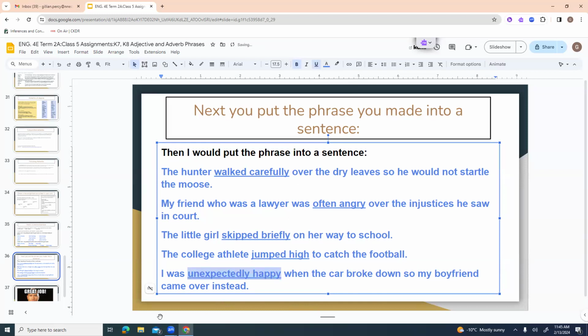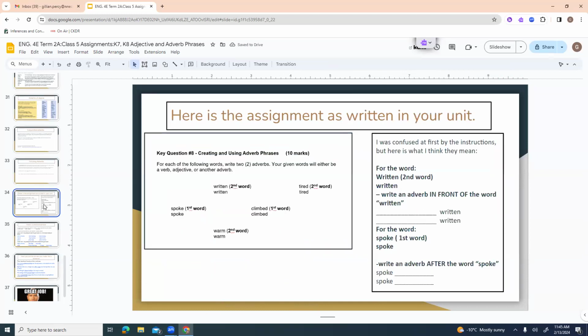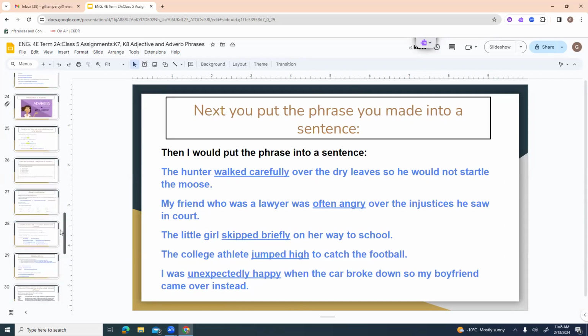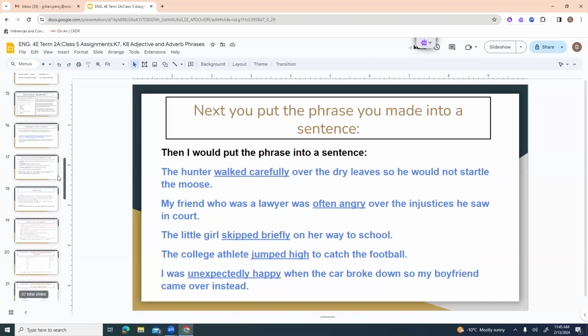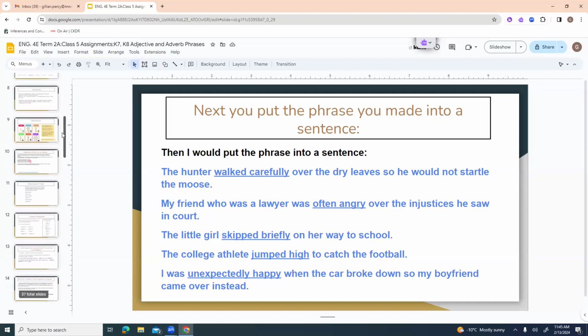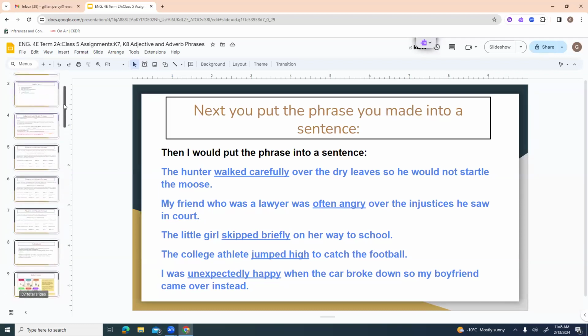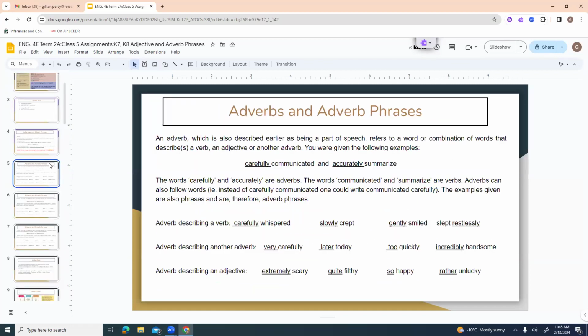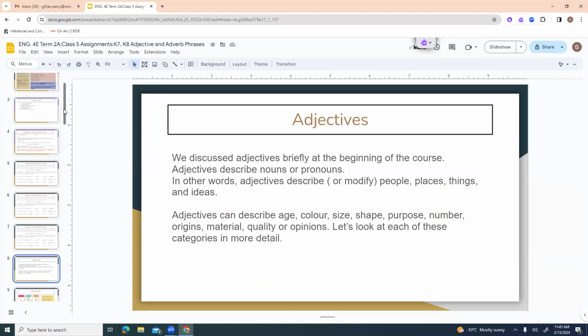Okay. So that is our two assignments for today. Looking at key question 8, remembering that you've got to write an adverb phrase, then write your sentences, which is pretty much the same thing as they have you doing for adjectives. Where is that? Hang on. Oh my goodness, where did it disappear to?